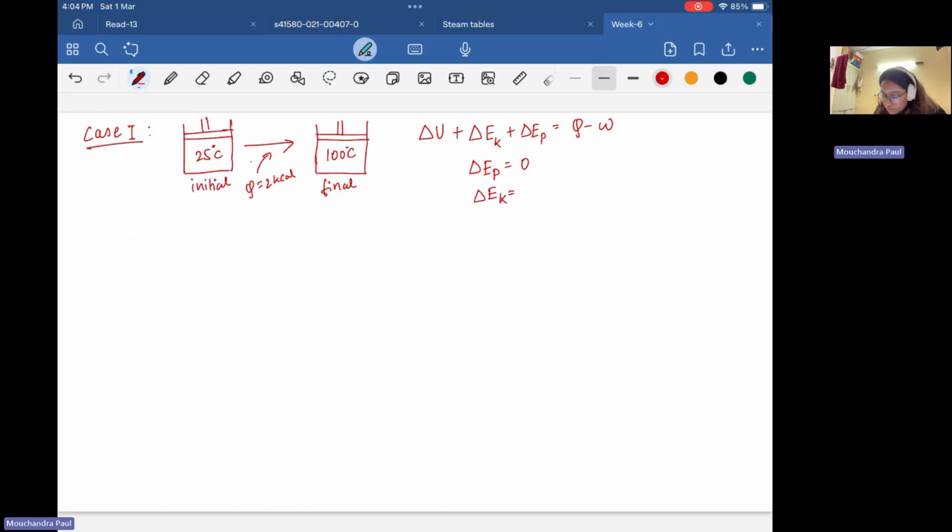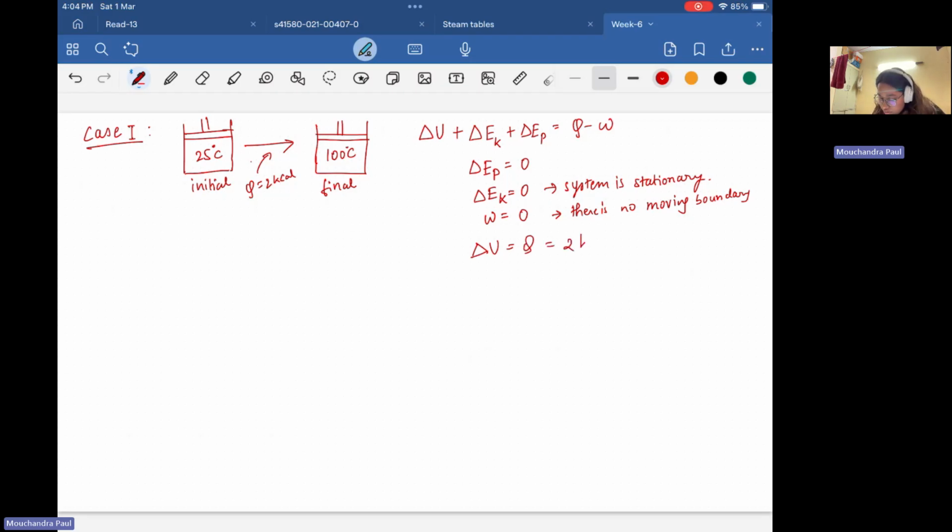The kinetic energy will be also 0 because the system is stationary. There is no acceleration or anything like that. And work will be also 0 as there is no moving boundary. Gas is not doing any work in order to move the boundary of the cylinder. So this means delta U is equals to Q.